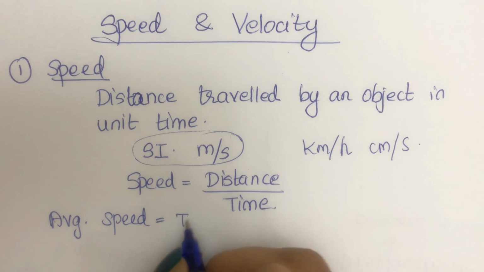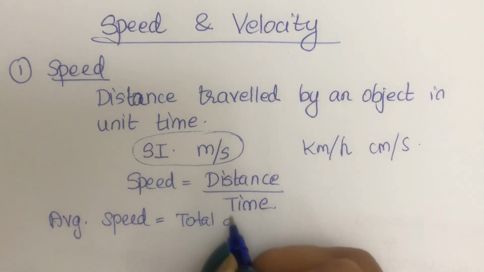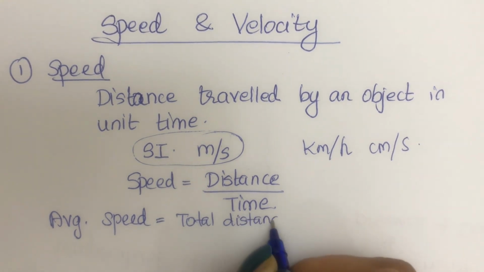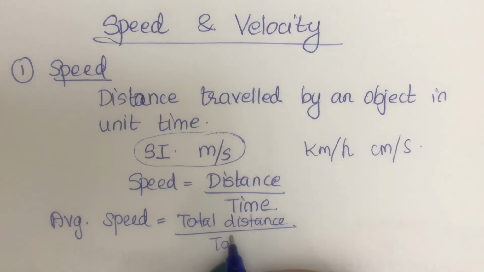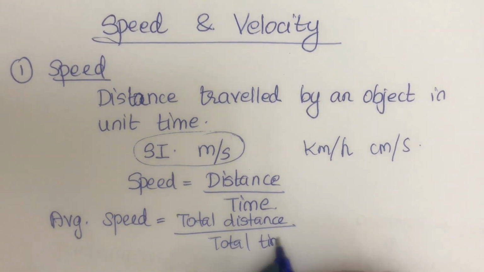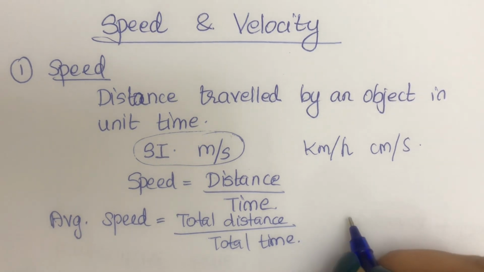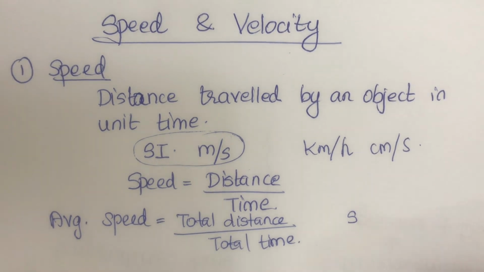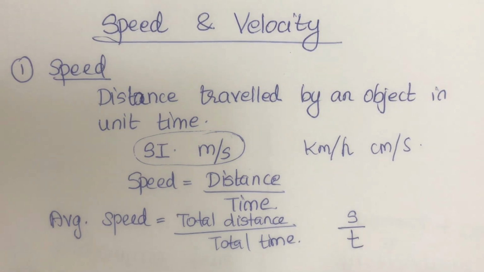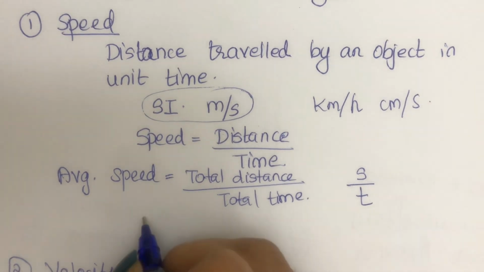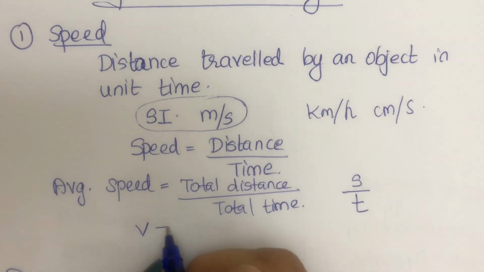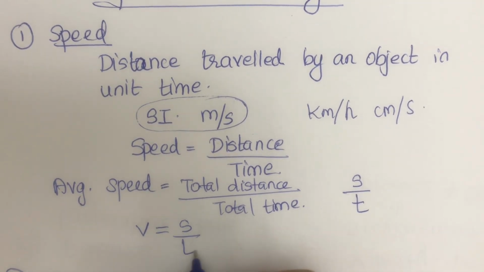That is total distance by total time. From now onwards we will mention distance as S, and speed as V. So V is equal to S by T.